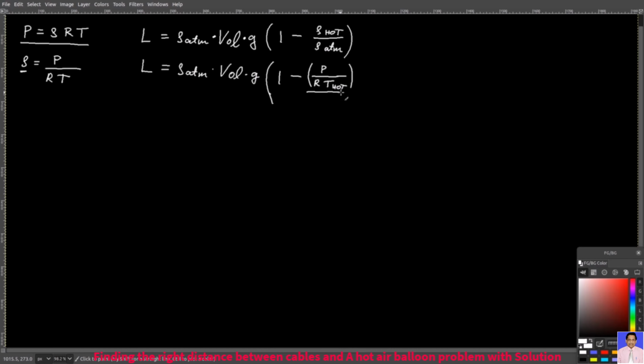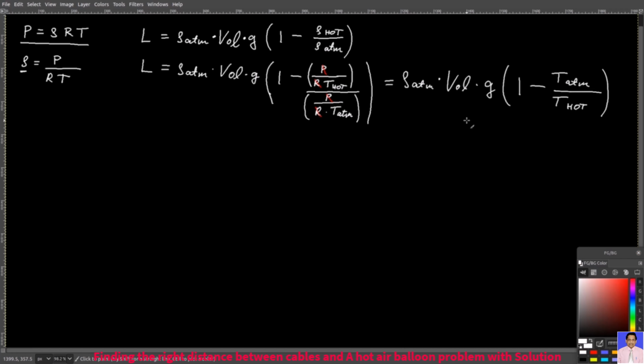And then in the denominator, I will write P over R times T ATM. This R is just a constant, so we can cancel it out. And we also assume the same pressure inside and outside of the balloon. And that means that you will end up with this equation.